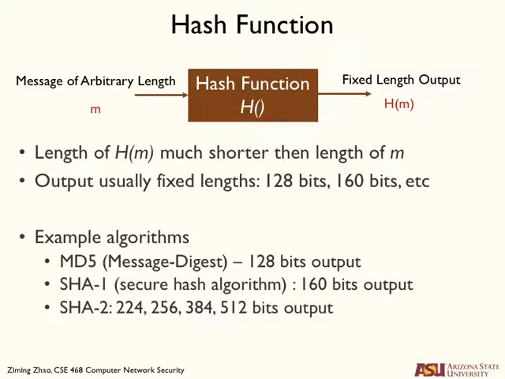So some example hash algorithms we are using every day include MD5, which stands for message digest, SHA-1, secure hash algorithm, and SHA-2. SHA-2 is actually a set of hash functions with different output lengths.